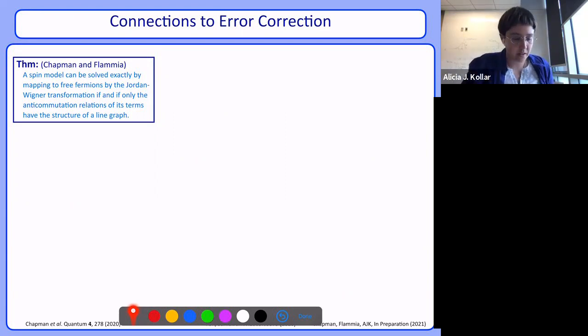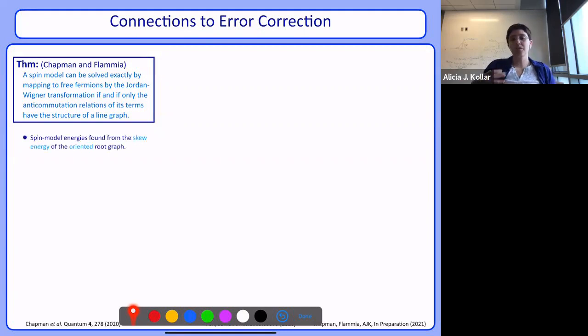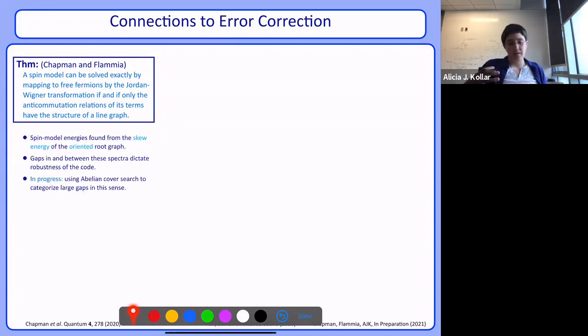Recently, Steve Flamia and his postdoc Adrian Chapman showed that if you have a Pauli spin model that can be solved exactly by the Jordan-Wigner transformation and mapped to non-interacting particles on a lattice, this only happens if your spin model has the anti-commutation relations of a line graph. Furthermore, the properties of the spin model are given by solving a problem on the underlying root graph just with an anti-symmetric adjacency.